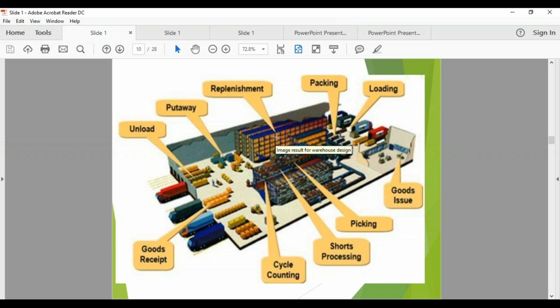And then when we pick the materials, we place them in the staging area at the outbound delivery level. This is the place where we stage the parts or products for outbound delivery, for the loading purpose. Once we load the parts or products inside the transportation unit, it will be dispatched.